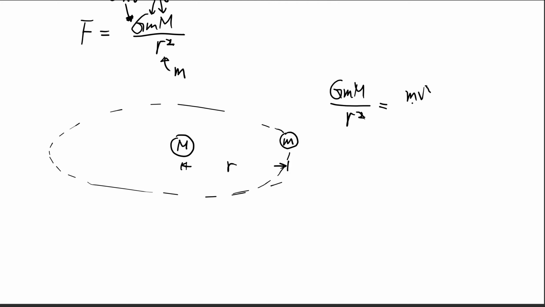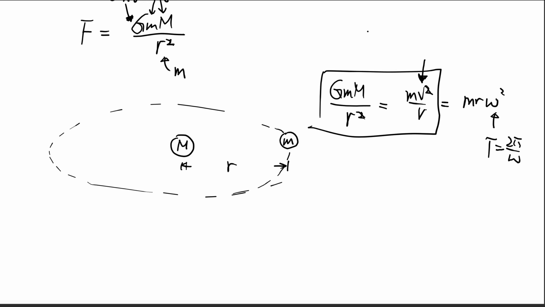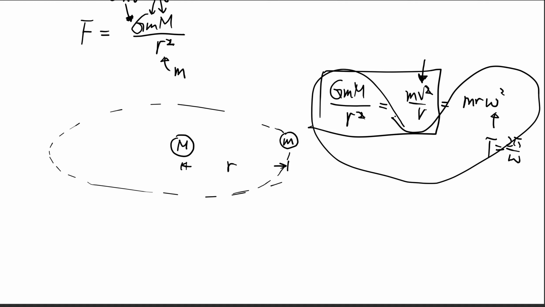That is mv squared over r or mrω squared. It depends on whether you want to find the angular speed or the period, or if you want to find the speed, then you use this one. But if you want to find the angular speed or the period, you use this one. Okay.